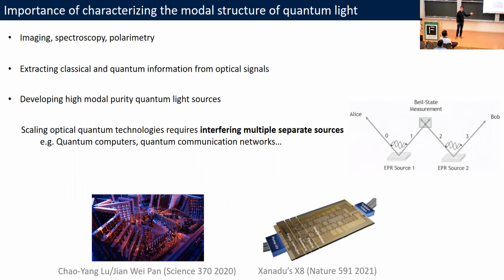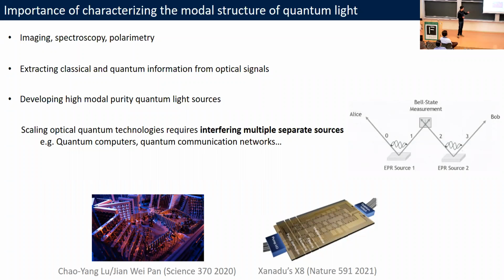So, besides the obvious reasons why you'd want to measure the mode structure of light, like imaging, I'd like to focus a little bit on the third point here, given the context of this conference. As we're scaling up photonic quantum technologies, it's very important to develop sensitive ways to characterize the modal structure of these quantum light sources, because we're inevitably going to have to interfere independent sources.